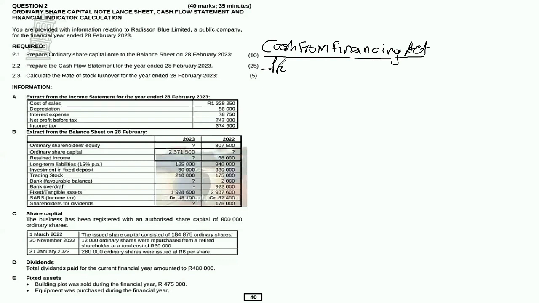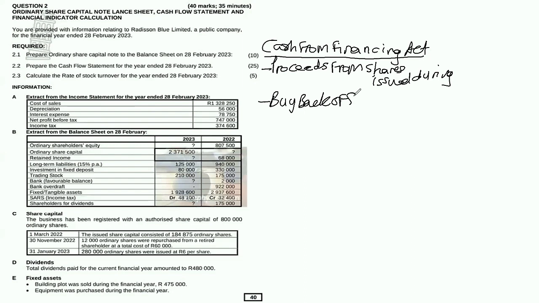So it's going to be proceeds from shares issued during the year. Then again, it's buyback of shares in full. Remember, you record the total amount or total cost.